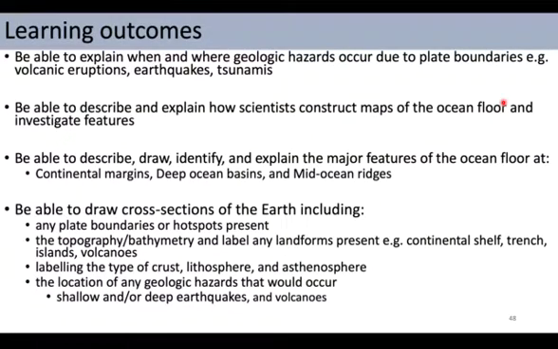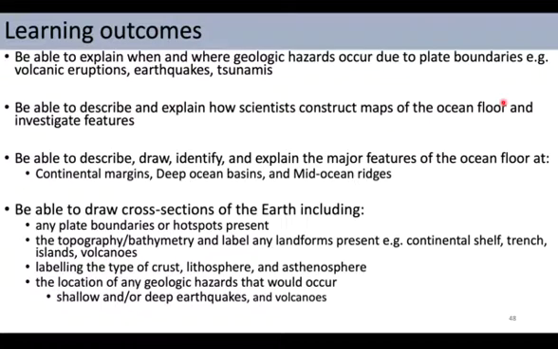So some of the outcomes today, we're going to talk first about hazards, so geologic hazards that we see with plate boundaries. Then we will get into maps of the ocean floor, how we know anything about the ocean floor. And then you'll be able to draw and label and identify all the different major features on the ocean floor.